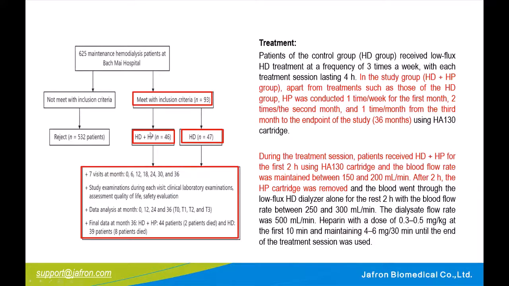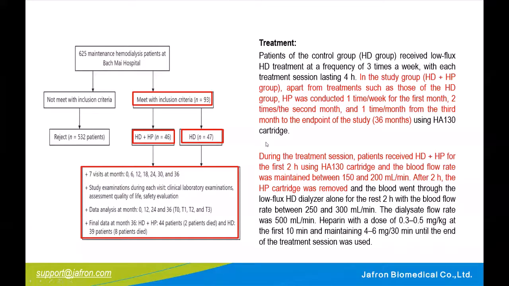And in the study group, the combination group, in the first month the patients received hemoperfusion once a week, and then in the second month, they received hemoperfusion 2 times, and starting from the third month, they received 1 hemoperfusion each month, until the end of the endpoint, which is 3 years of therapy and study.